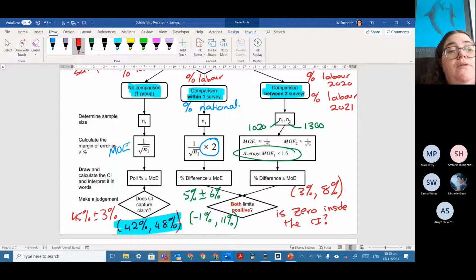No, it's not. So because 0 is not inside, I can say the amount of support for Labor has increased by between 3 and 8% over this time period. So this is talking about the difference, okay? And it's telling me which one is bigger or smaller.